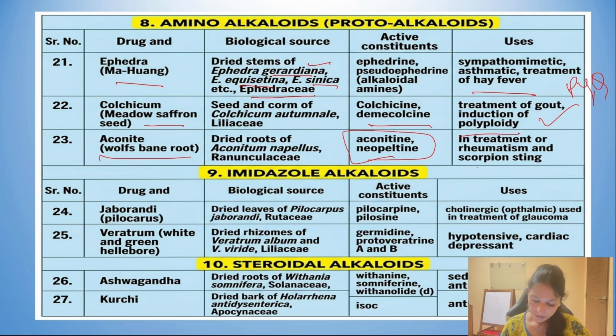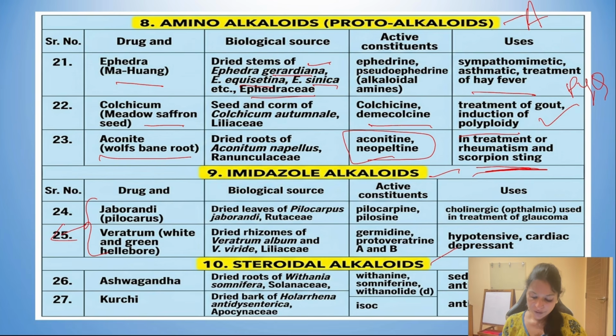Okay, and coming to the next two, imidazole and steroidal alkaloids. Imidazole has two examples, jaborandi, also called Pilocarpus, and veratrum, that is white and green hellebore. So these two are very, very important from our exam point of view. For imidazole, the examples will be J, okay, jaborandi, and Pilocarpus is the other name, and veratrum, white and green hellebore.